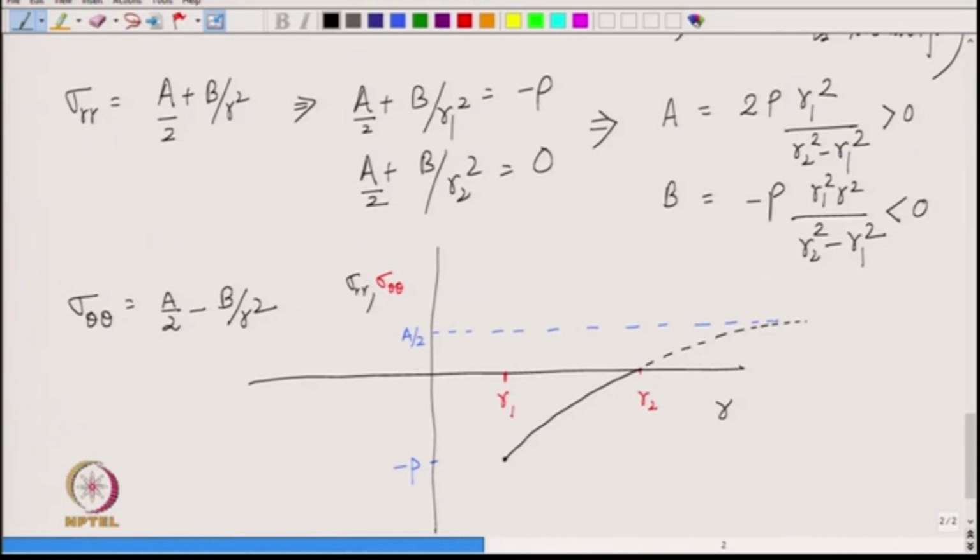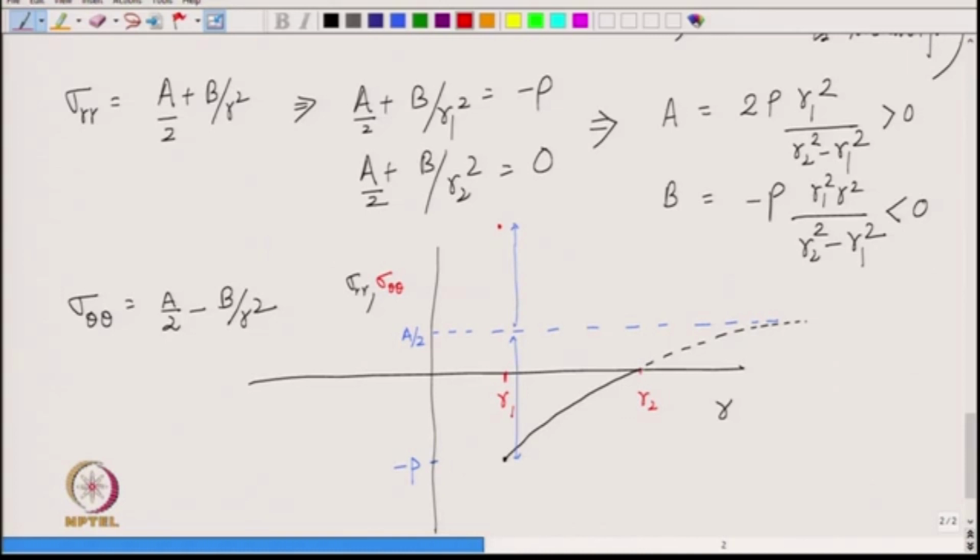Okay. And your sigma theta theta will be the mirror image of sigma r r about the A by 2 line, because both of them when you add has to be a constant. So, sigma theta theta is going to be the mirror image of sigma r r about A by 2. So, whatever is this distance here, you go by the same distance upward, okay, and then you get the starting point of sigma theta theta.